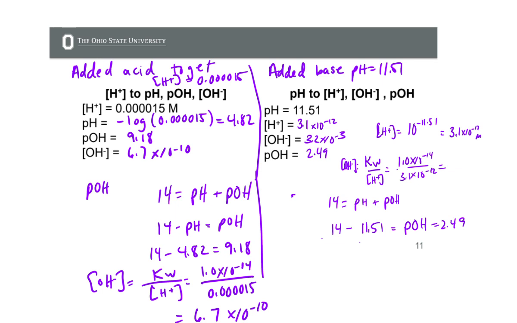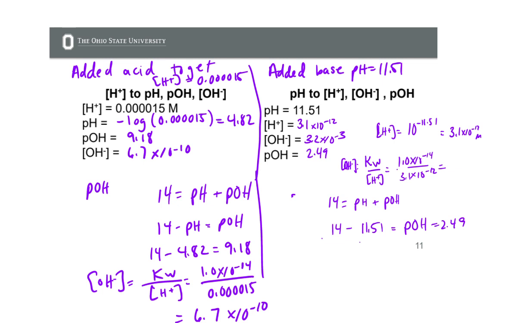So when we have our basic solution with a pOH of 2.49, that's good, right? It's a larger concentration of OH minus, so our pH value should be above. To do your math check, if you add up the exponents on the H plus and OH minus concentrations, you should get 14, 15, somewhere in there. That helps make sure you're doing things correctly. If you get like 5, you've probably done something wrong. All right, other things.